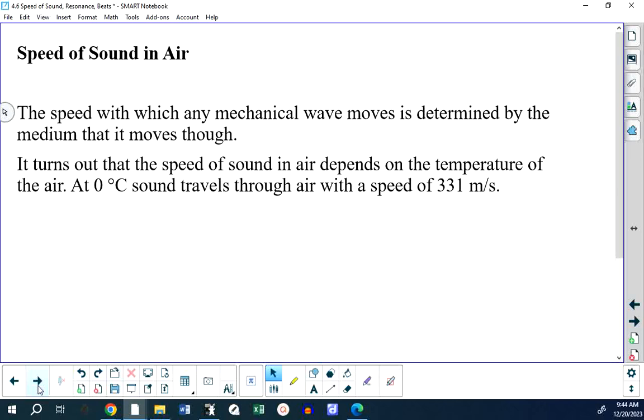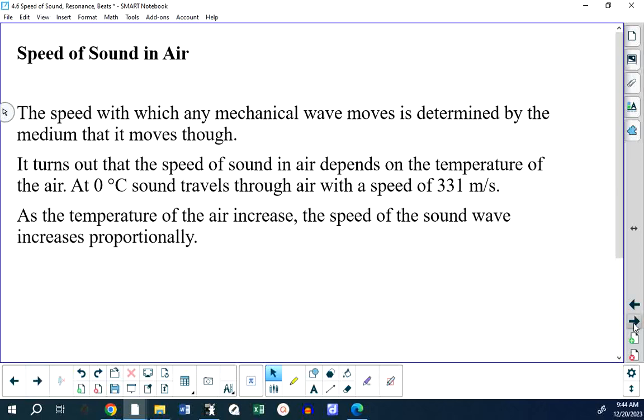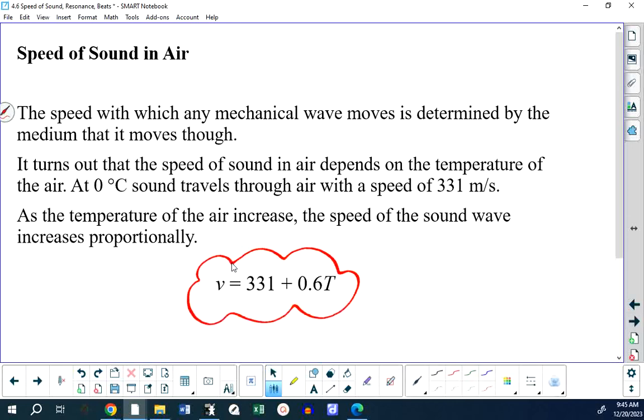And it turns out that after you pass 0 degrees Celsius, the speed increases in a proportionate manner to the temperature. And it turns out that for every degree Celsius, the speed goes up by 0.6 of a meter per second. So this is a formula that we can use to calculate the speed of sound. It's not a complicated formula. However, it's not on your formula sheet, so you would be given this if you were ever asked to use it. It's not something you need to memorize.